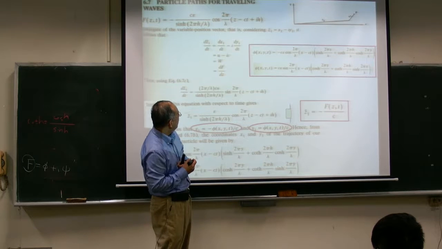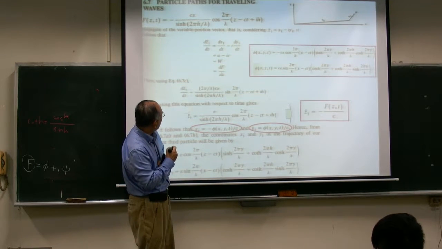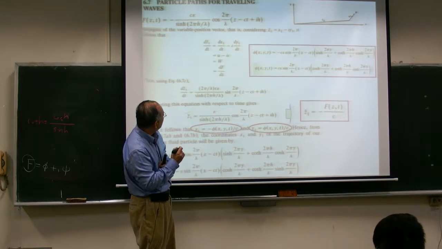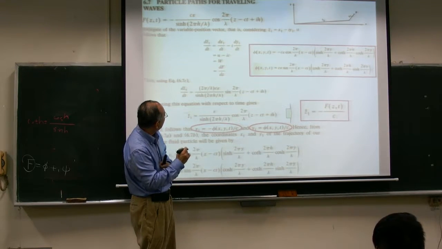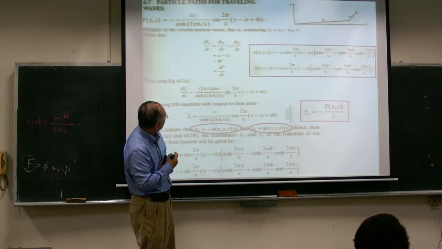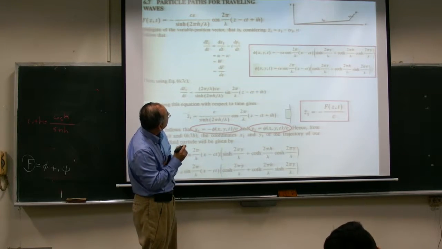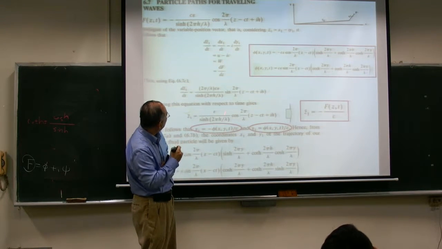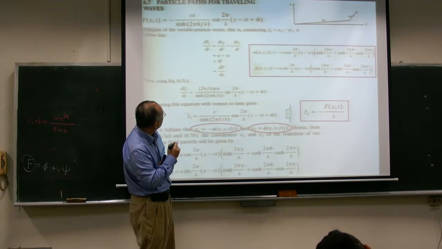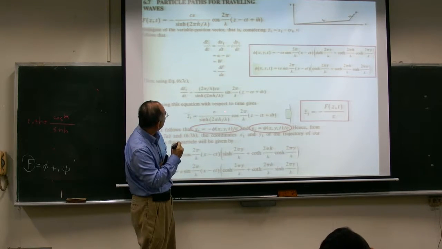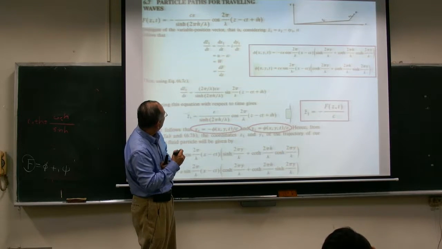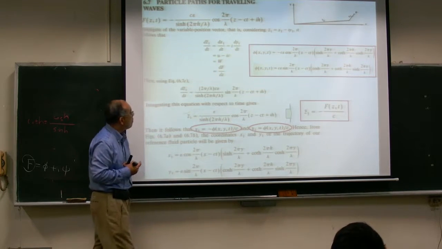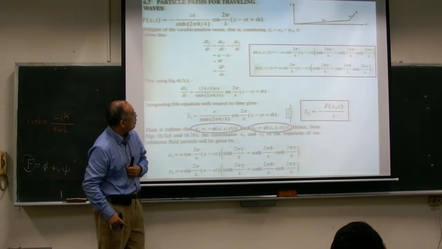Our x1 is the real part of this. And the real part of this will be equal to our phi divided by c. It's not so obvious, right?